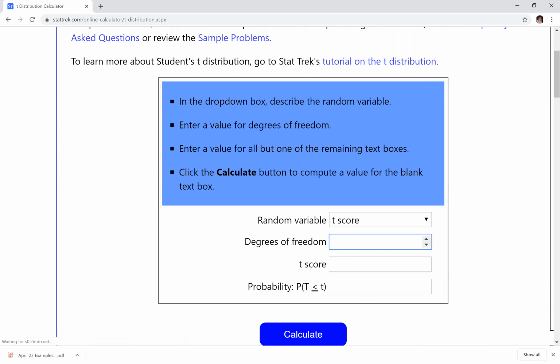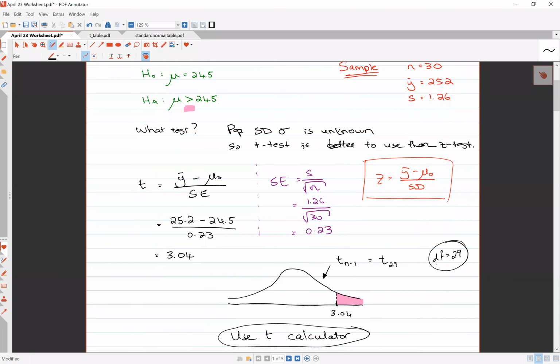There you just enter the degrees of freedom, 29, and the t-score that you calculated. In our case here, the t-score is 3.04, and you hit calculate and it gives you a probability. Now, the probability here is always the part of the bell curve to the left of the t-score. So we have 0.9975, but visually, that part to the left is 0.9975.